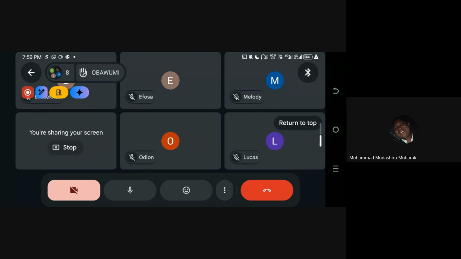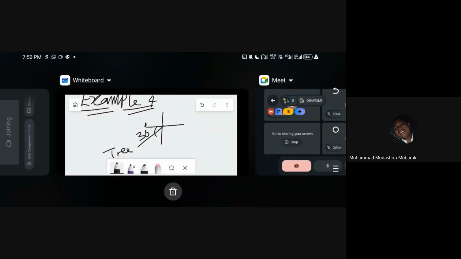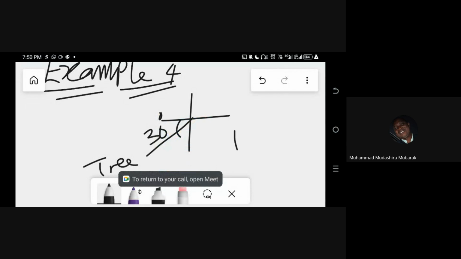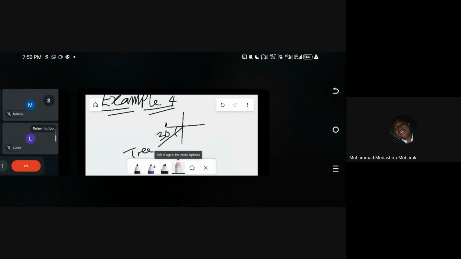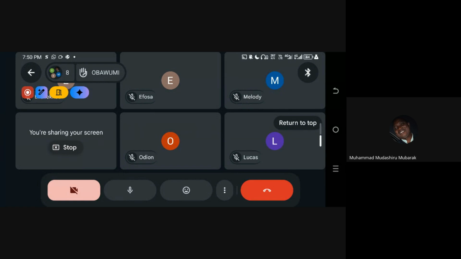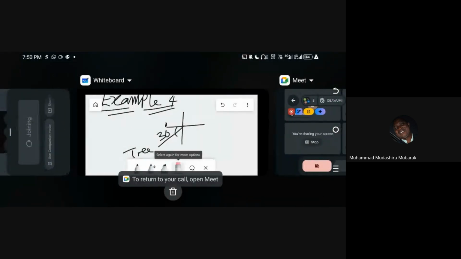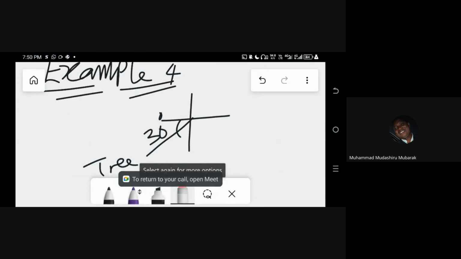Okay, Lucas isn't responding. Let's call someone else. Odion, can you hear us? Okay, Odion isn't responsive as well. Winner, do you agree with Mubarak that this is south 30 degrees west?